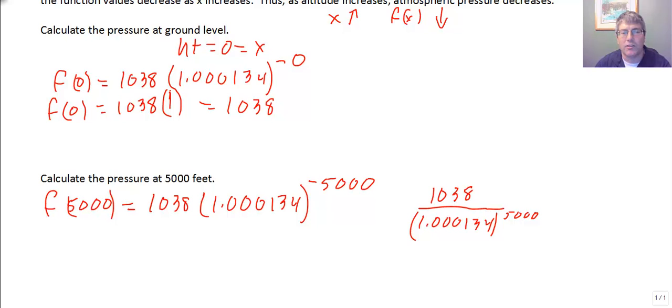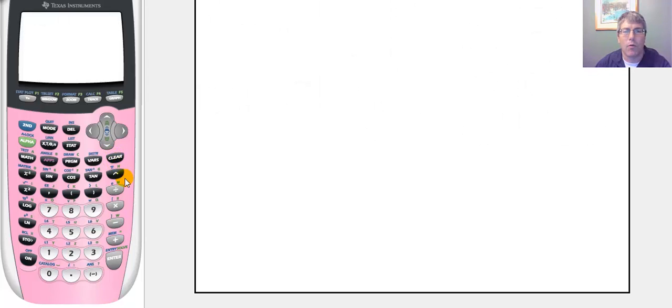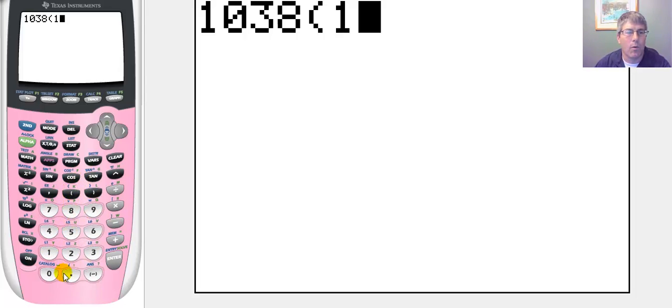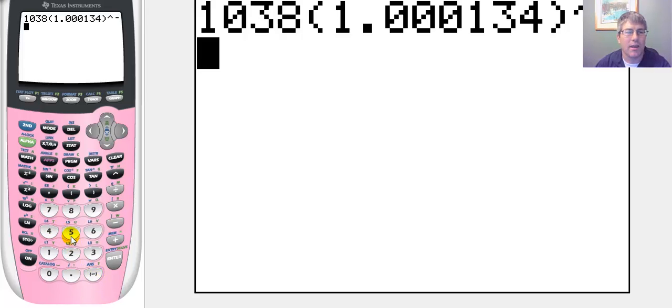But we can just go ahead and input this into our calculator, same way we did before. So we have a new function, 1,038 times 1.000134, all raised to the negative, and I'm going to use this key here, to the negative 5,000.